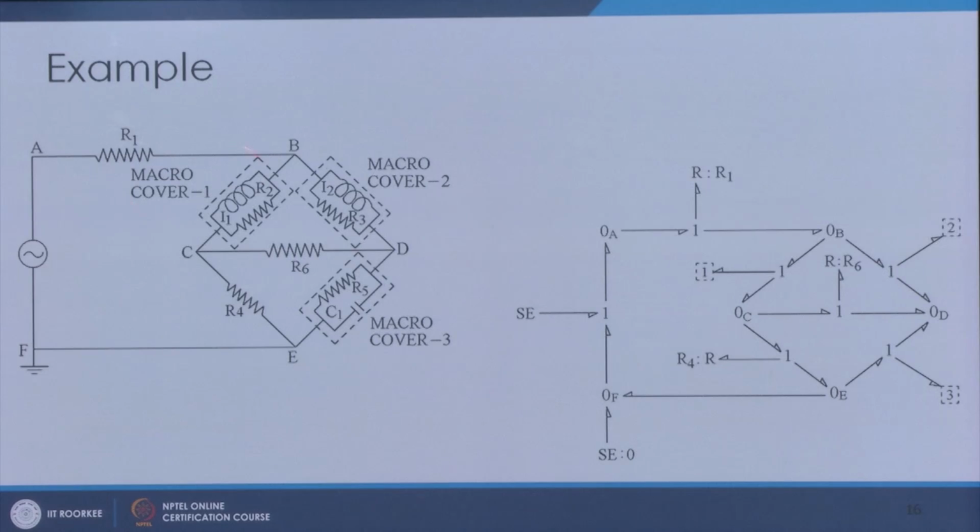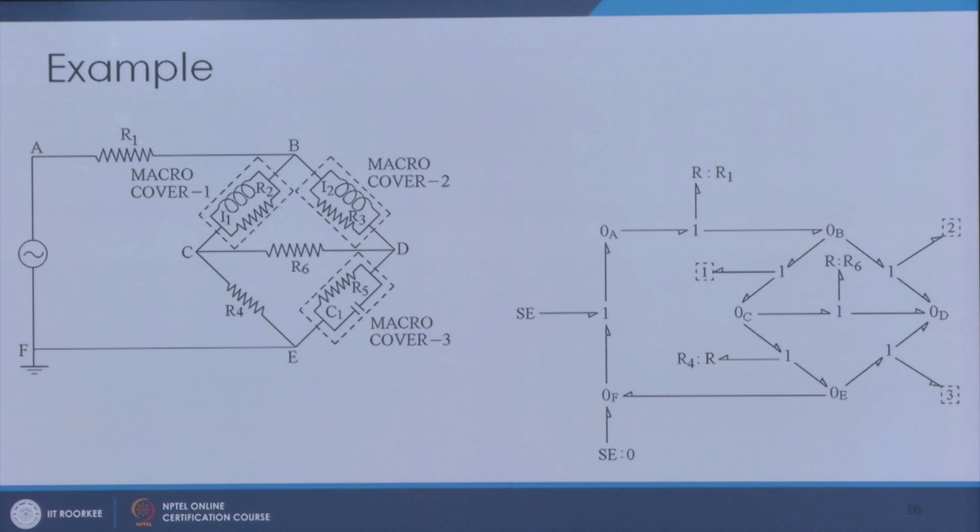So, here you can see that what I do is I put this complex part under macro cover 1. Okay. Likewise, this complex part I can put under macro cover 2, and this part I can put under macro cover 3. So, here I am applying the method of gradual uncover, okay, by covering these components.